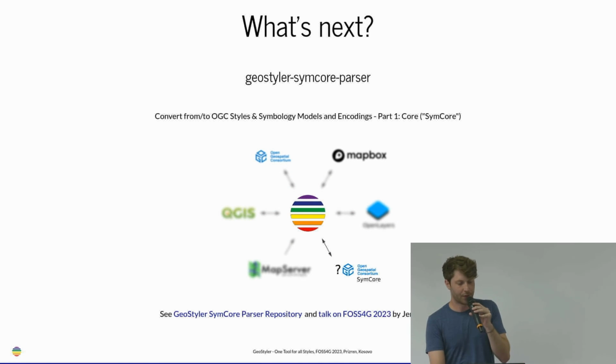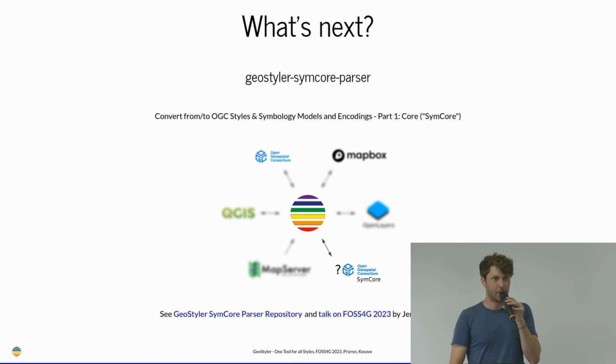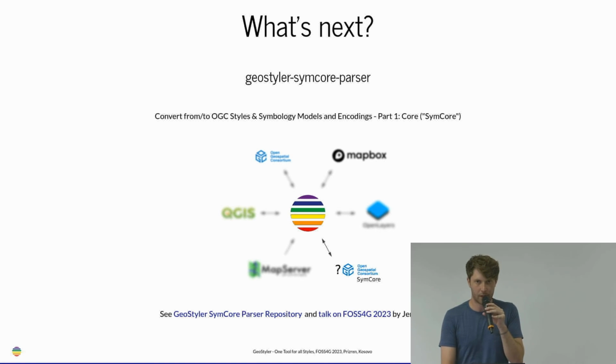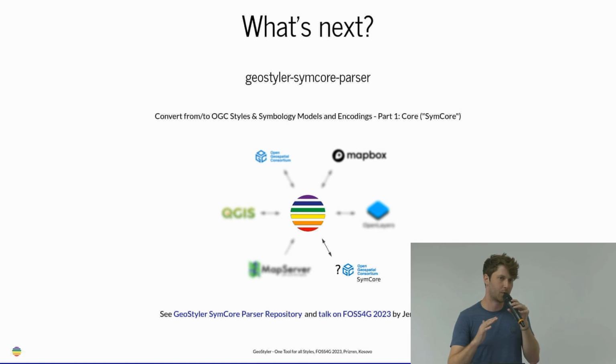Also, we would like to create a new parser. If you have been at the talk about the new OGC API specification yesterday by Jerome, it's really interesting. The new OGC API is introducing a new style specification, and we are trying to create a parser for that. So far, we only have the TypeScript typings.